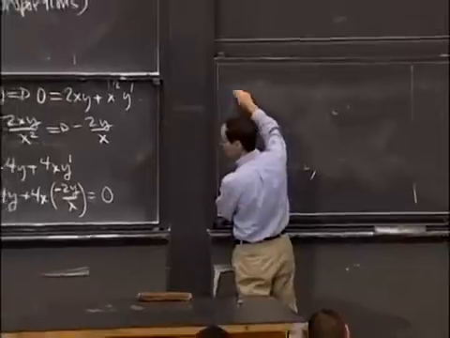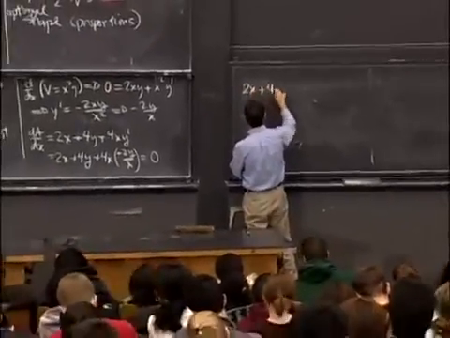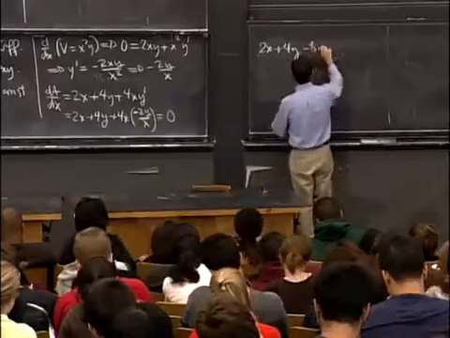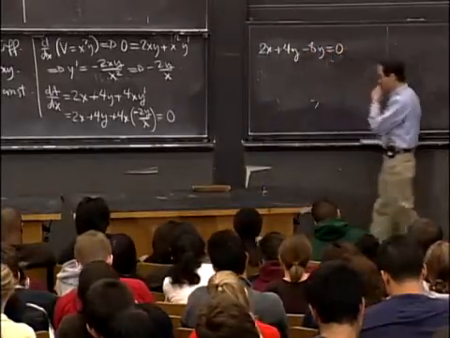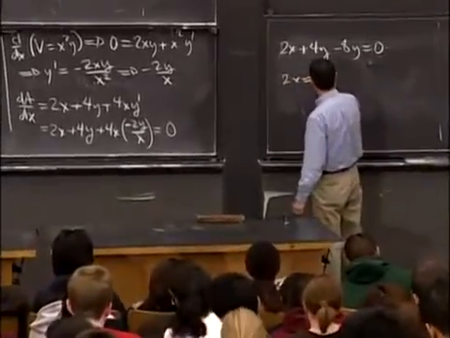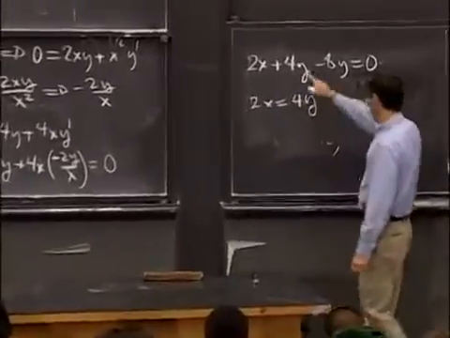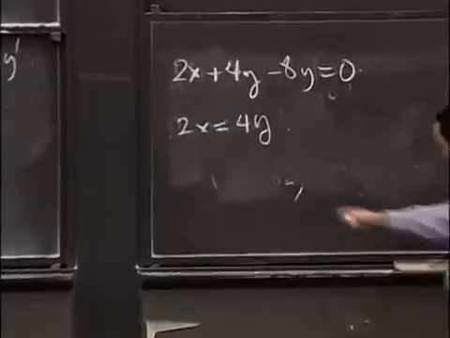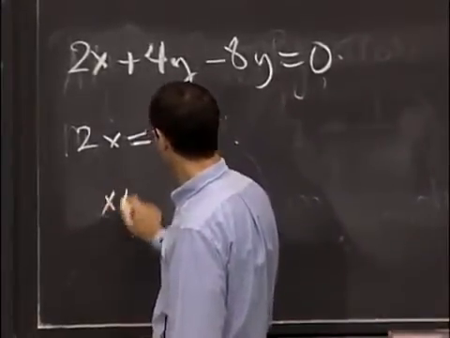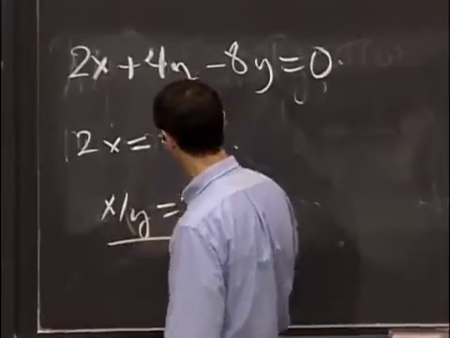We have 2x plus 4y, and then altogether this is 8y minus 8y... so the result is 2x minus 4y equals 0. So that's the same thing as 2x is equal to 4y. Right? The minus 4y goes to the other side. And so x over y is equal to 2.